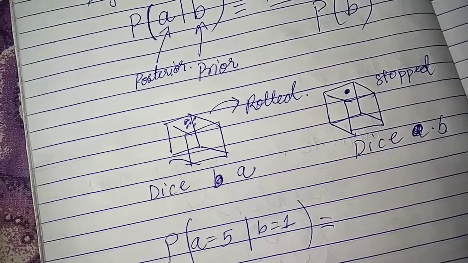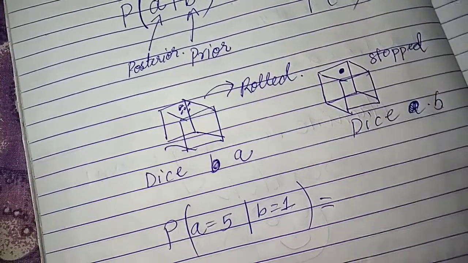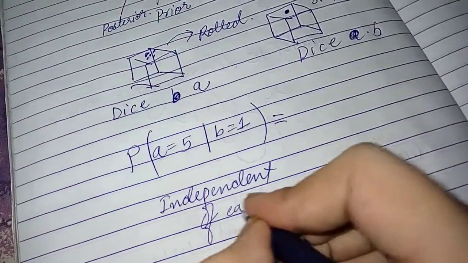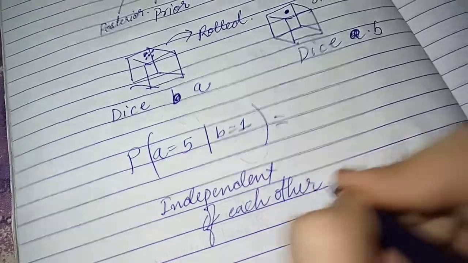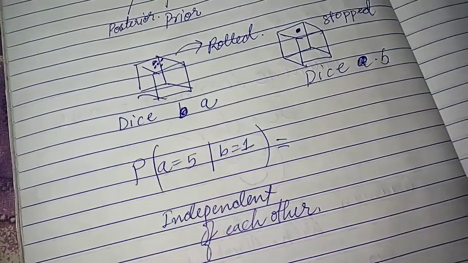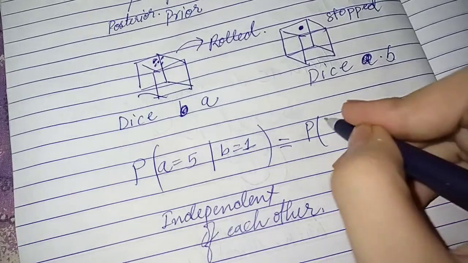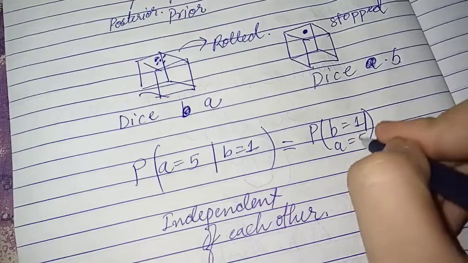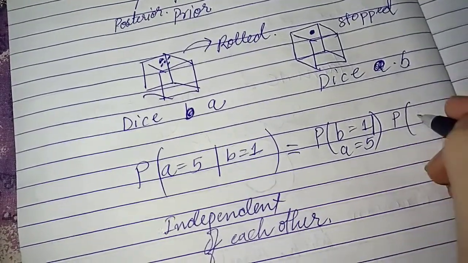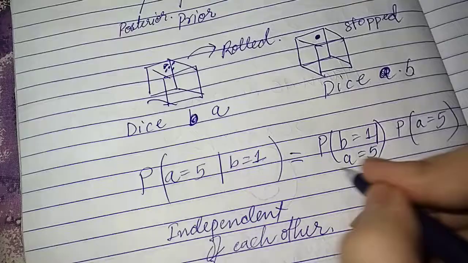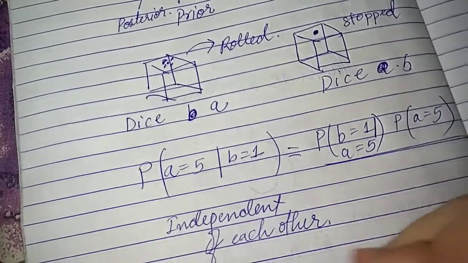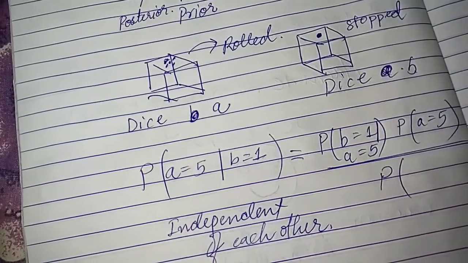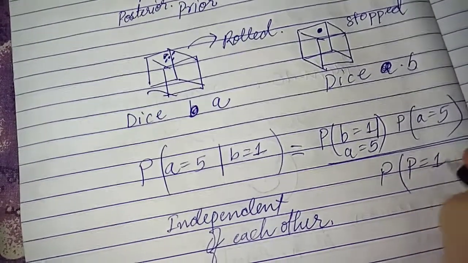So these two events are independent of each other. So this will be equal to the probability of B equals 1 and A equals 5, times probability of A equals 5, divided by the probability of B equals 1.